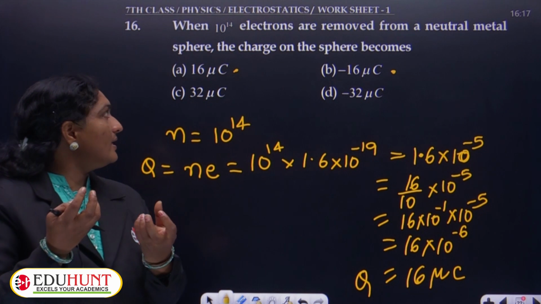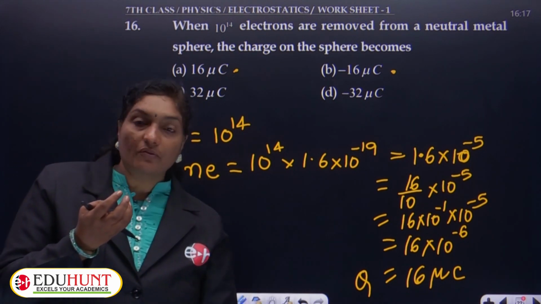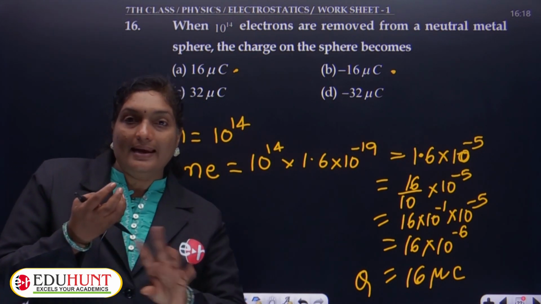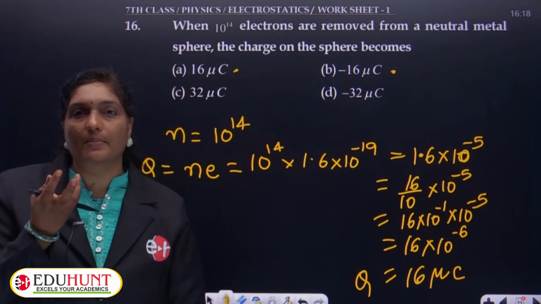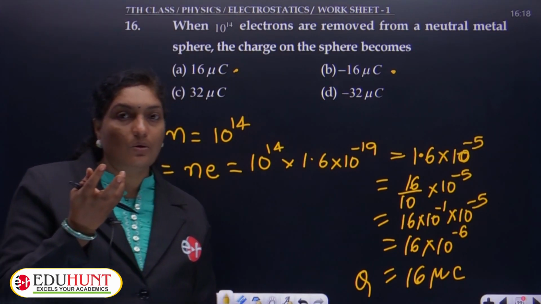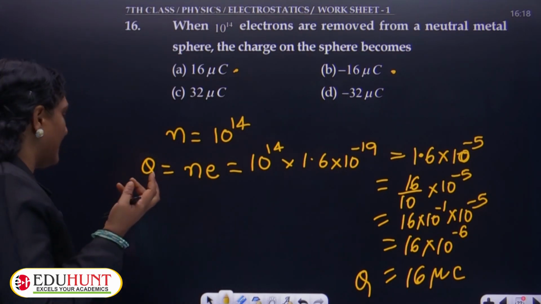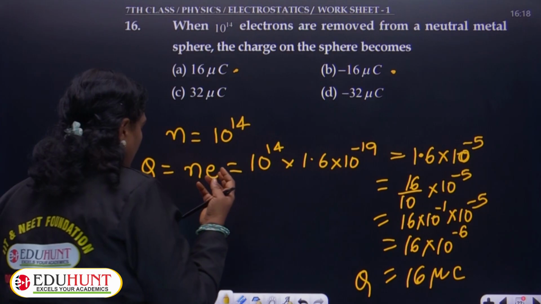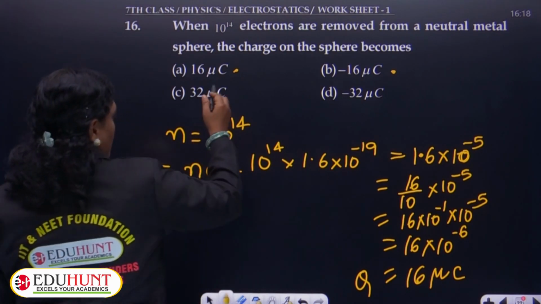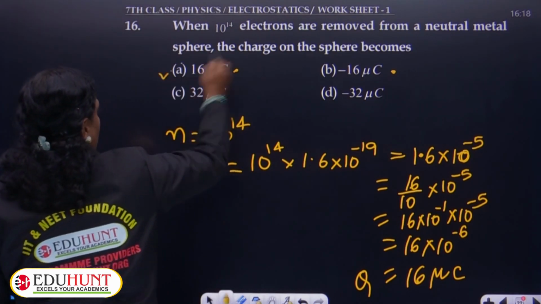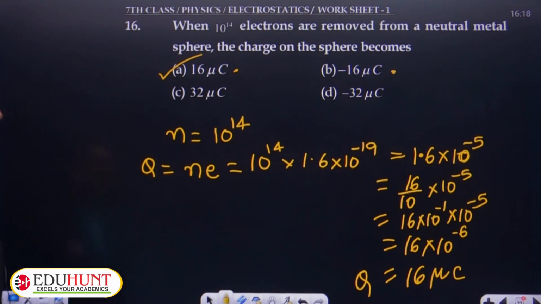Now when electrons are removed from the body, there are fewer electrons and more positive charges, so the body is positively charged. Hence, the correct option is plus 16 microcoulomb, so option A must be true.